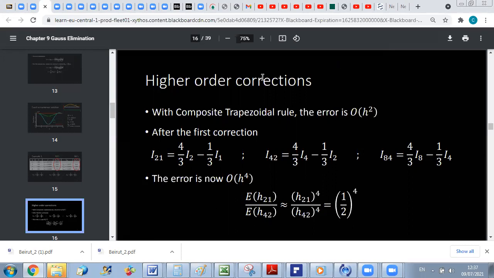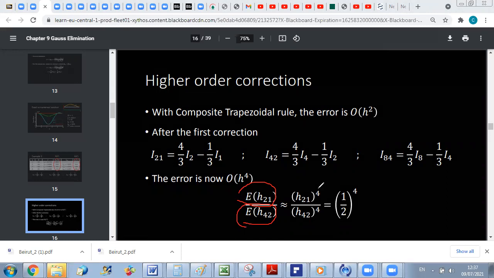Here we use the trapezoidal rule first, the composite trapezoidal rule. Then we combine results obtained from the trapezoidal rule. This is why at any stage, the form of error of H21 will be identical to the form of error of H42, and their ratio will be proportional to H21 over H42 to the power 4, approximately.